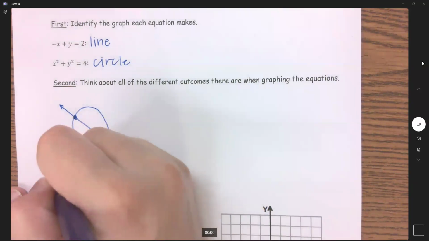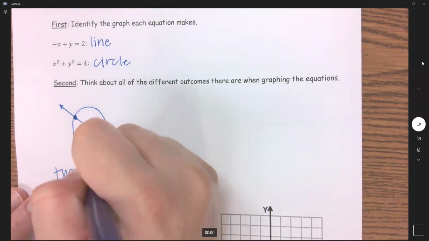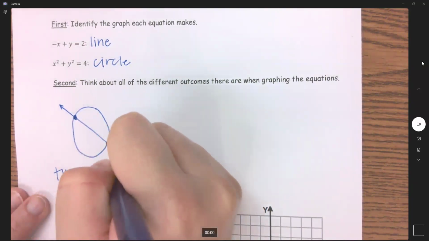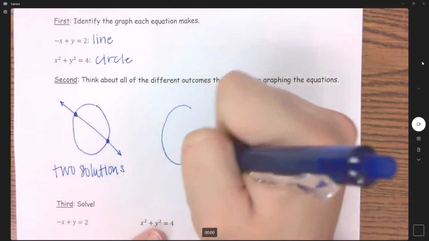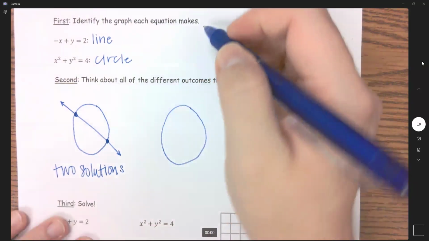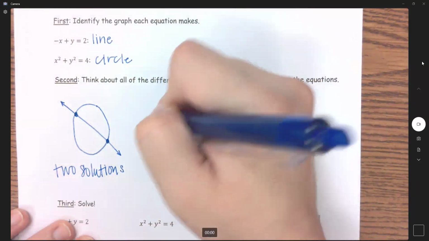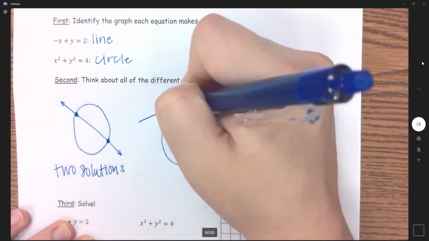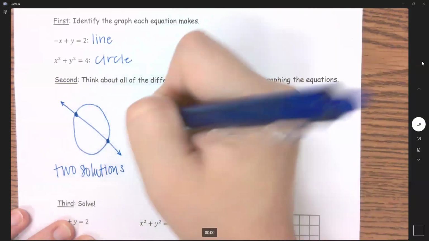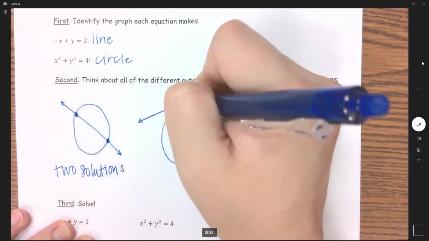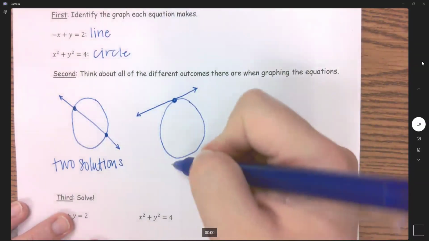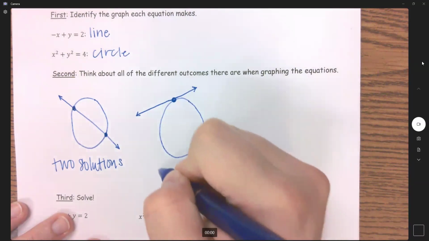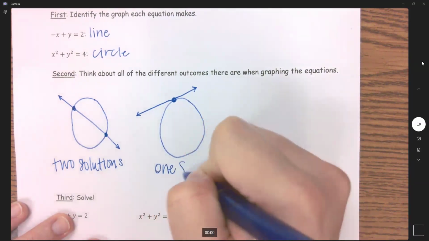So here we could have 2 solutions. We can also have a circle and a line that is tangent to the circle, meaning it's going to cross and touch it 1 time on that outer edge. And so here we would get 1 solution.